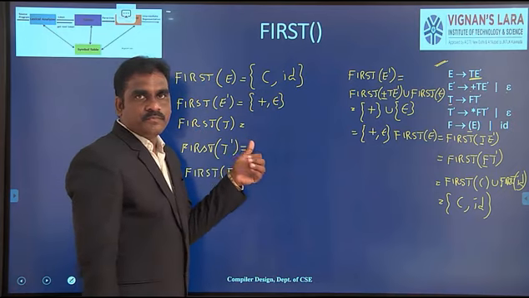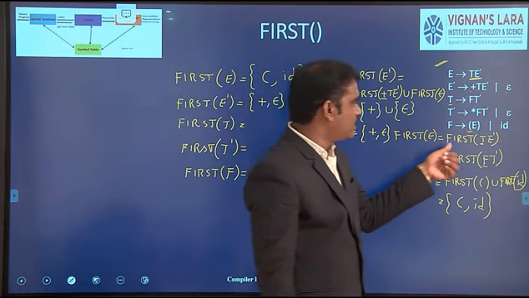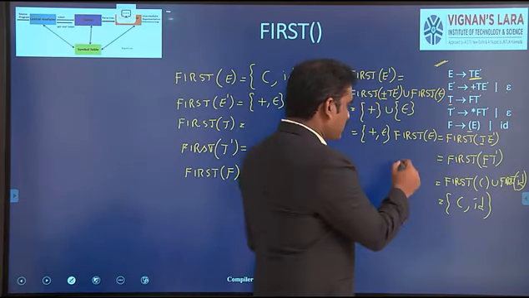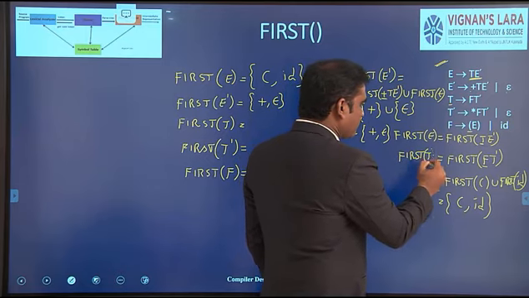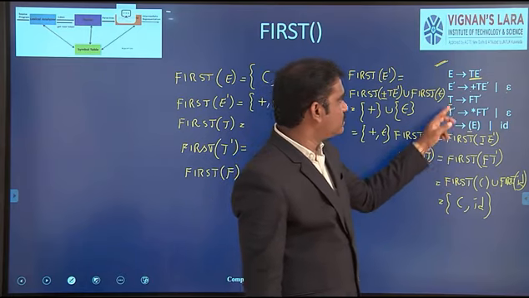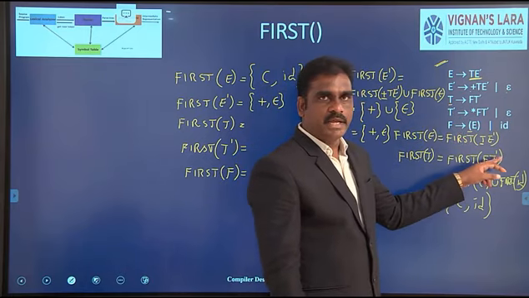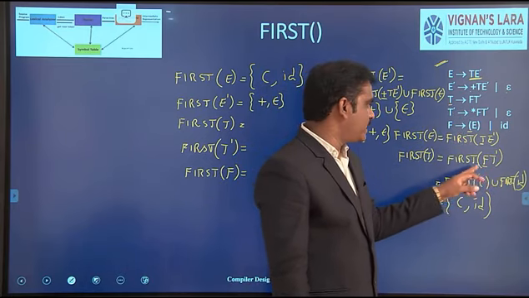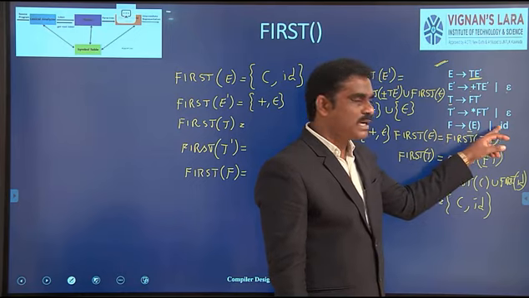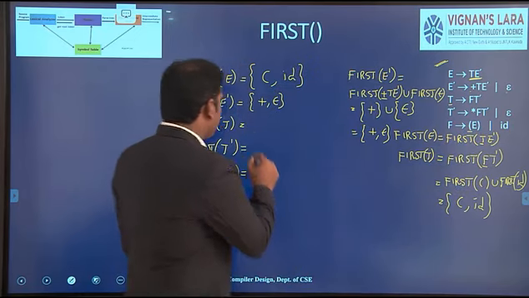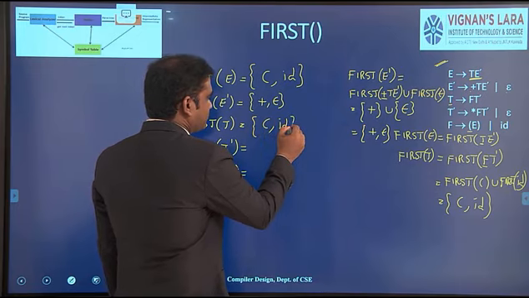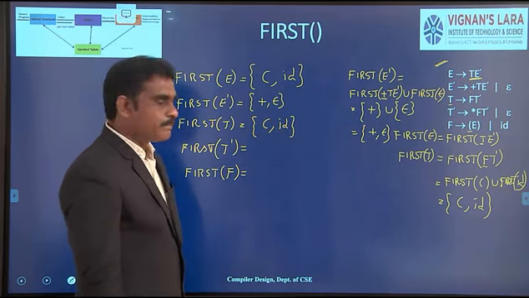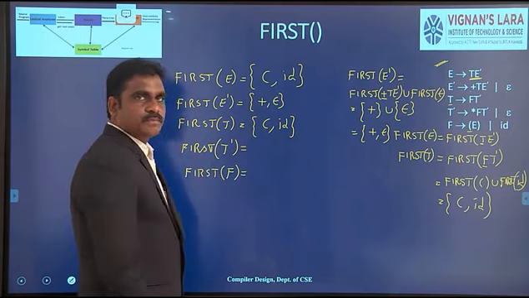First of T, this part is already completed. First of T equals first of FT dash. Again F is open parenthesis comma ID, so the same result: first of T equals open parenthesis comma ID. Okay, next one, T dash.